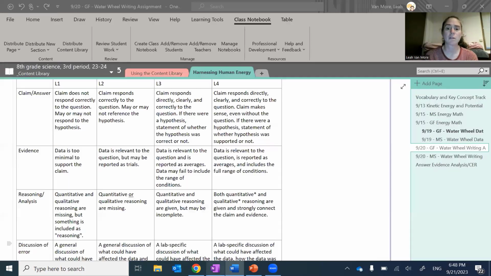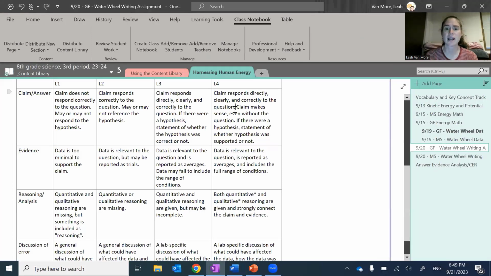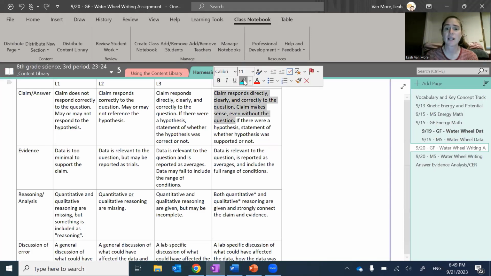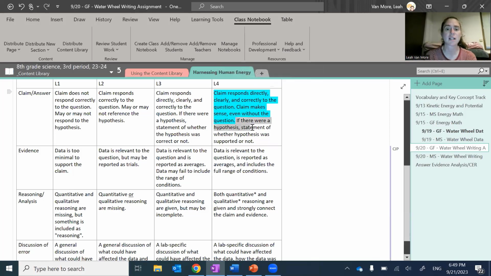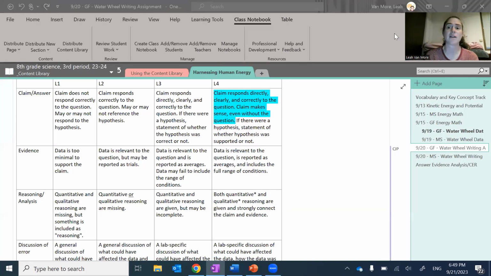Now I'm going to go back to my rubric and see the next thing it says. We've just done this, and I can highlight it or something like that to help me keep track of what I've done. The next thing it says is if there were a hypothesis, there's a statement of whether the hypothesis was supported or not. Obviously, we just have some data here.